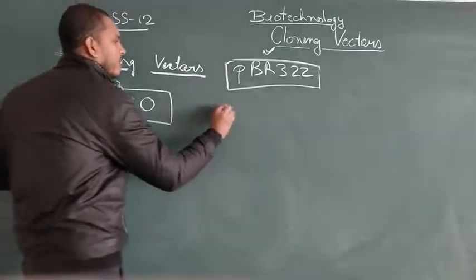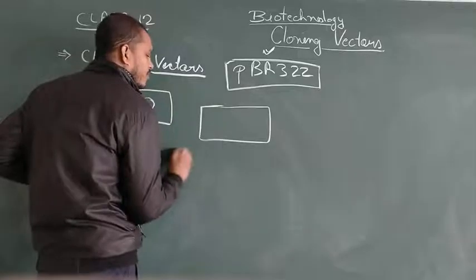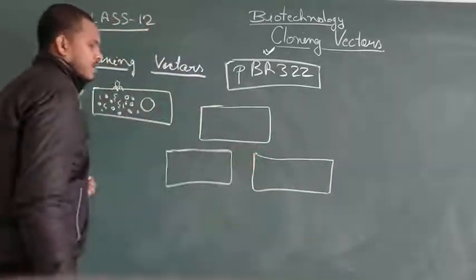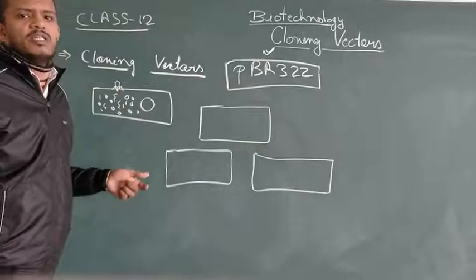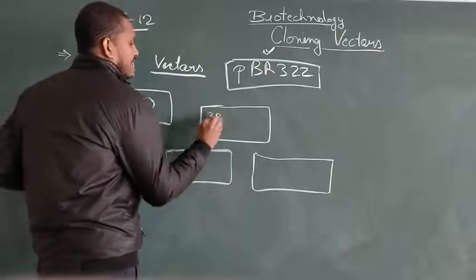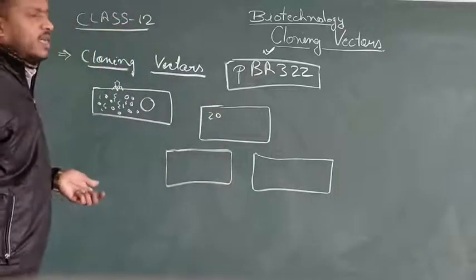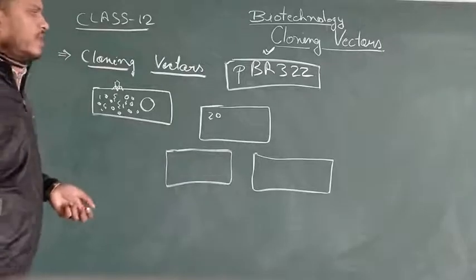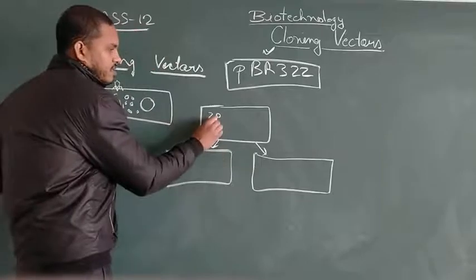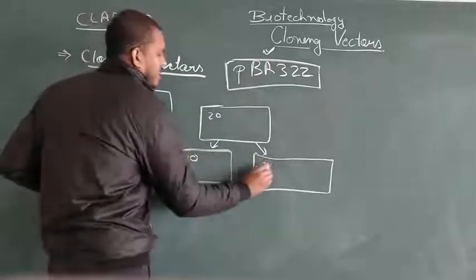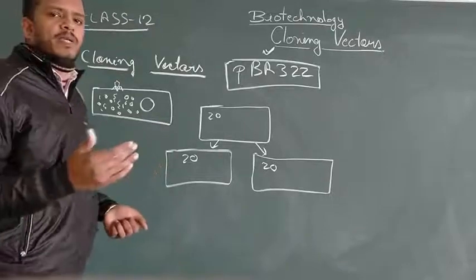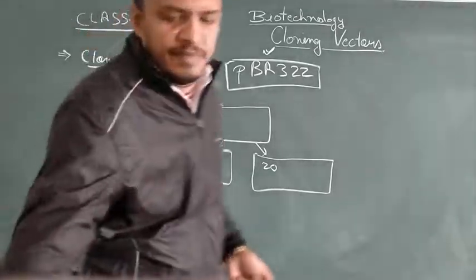As the number of host cells increases, the number of plasmid copies also increases depending upon the copy number. Suppose the copy number is 20 for the plasmid inside a host. When this cell divides from 1 to 2, you have 20 and 20, so from the 2 you will get 40 plasmids. In this way, copy number varies from cell to cell.